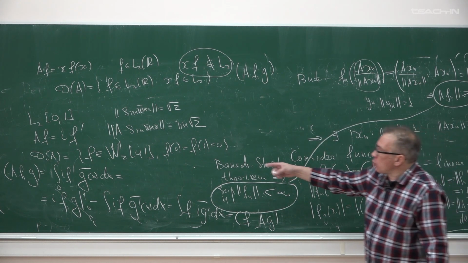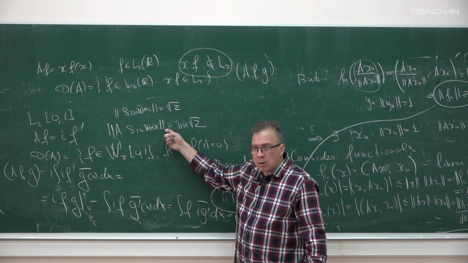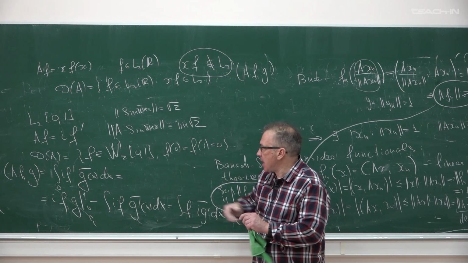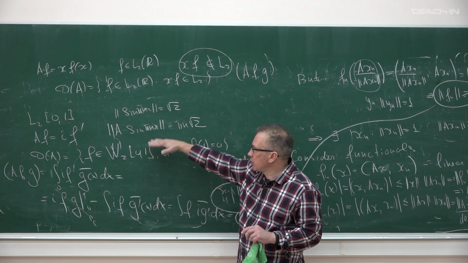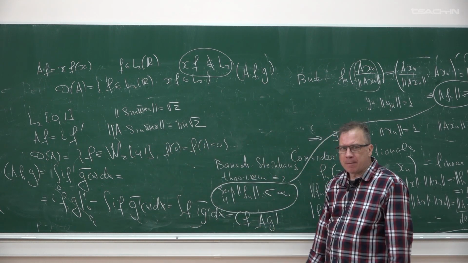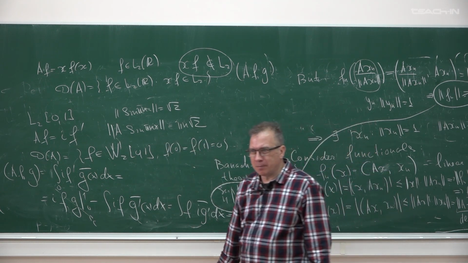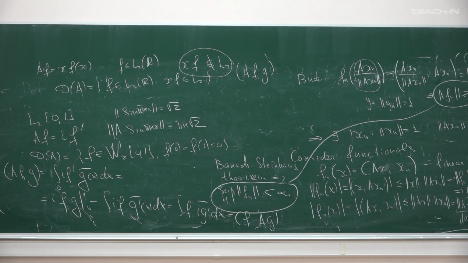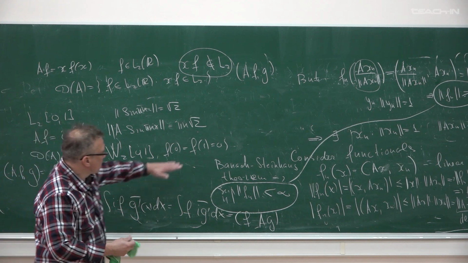But we showed that this operator is unbounded. By the Hellinger-Toeplitz theorem, it must have a domain, because it's unbounded and has this property. And this operator is not self-adjoint, because this condition is very strict.